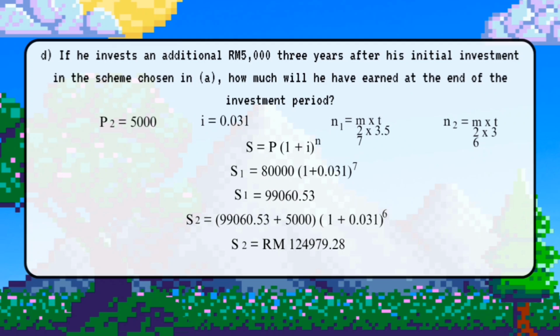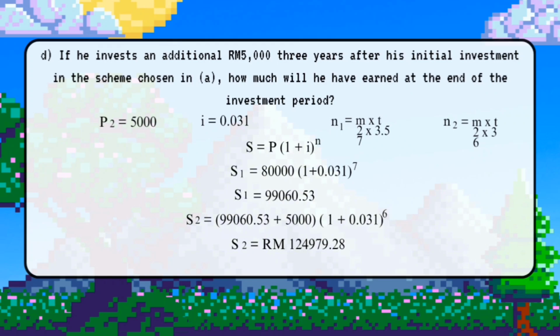So based on the question, 5,000 ringgit is P2 because the question says 3 years after his initial investment, and i is equal to 0.031 because it refers to the rate from the scheme in question A. N1, after we calculate 2 multiply 3.5, we will get 7, and N2, after we calculate 2 multiply 3, we will get 6.